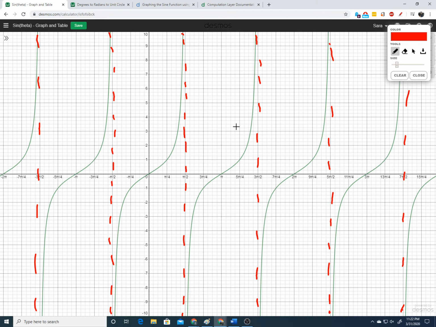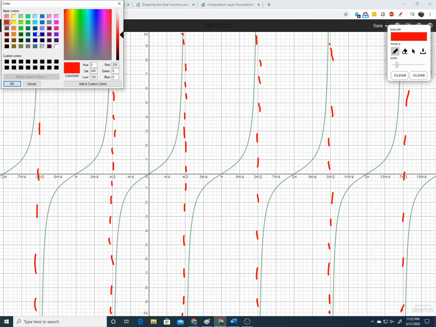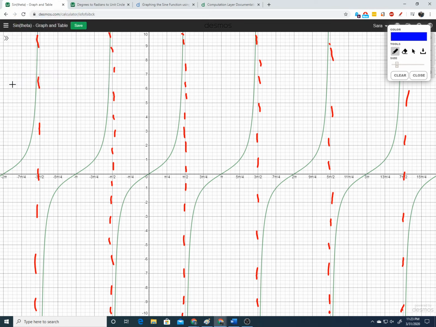So when you're talking about amplitude for a tangent graph, one of the most important things is that amplitude actually defines what's happening with this point right here. It's going to define how tall that is and if it gets flipped upside down. And of course, as it moves, the rest of the graph will move. When I have my amplitude, it'll get taller. I'm not going to play with amplitude on tangent quite as much.